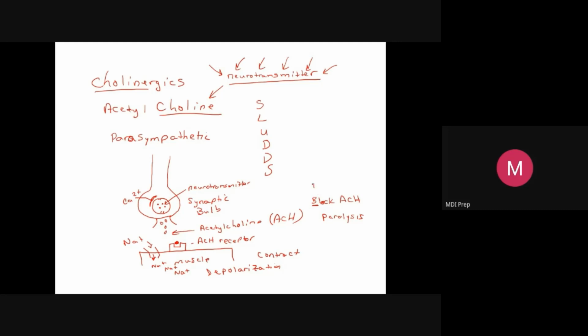Have you all heard of botulism toxin? Yes, doctor. It's from bacteria. Right, from Clostridium. Very good. So Dr. Lazo, if somebody were exposed to botulism toxin, what would you expect the patient to look like?